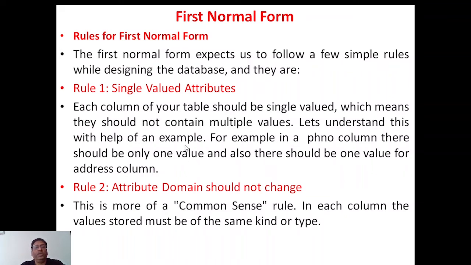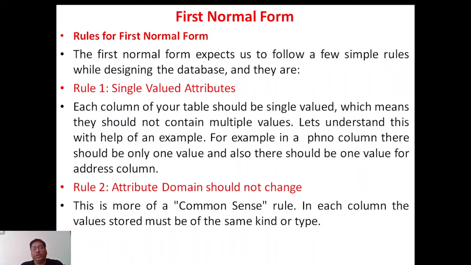The second rule says attribute domain should not change. This is more of a common sense rule. In each column, the values stored should be of the same kind or the same data type. You should not have a column wherein you have some numeric values and some character values.